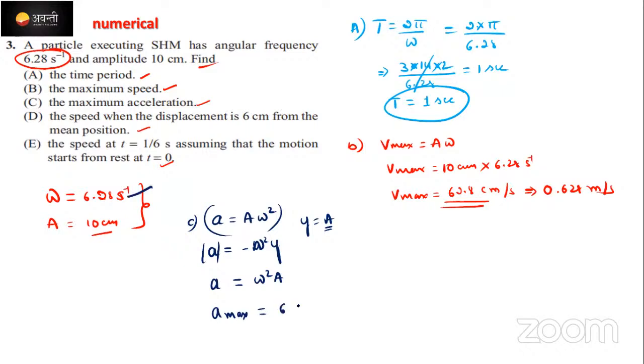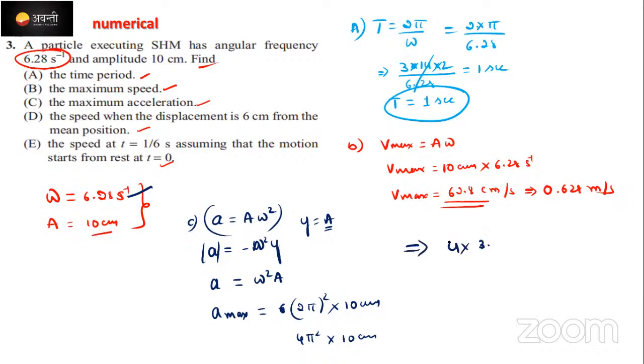Simply we can write this as 2 pi, whole square. For simplification, what is the value of A? The value given is 10 centimeter. Okay, 2 pi whole square means 4 pi square into 10 centimeter, correct? Next point, pi means 3.142.